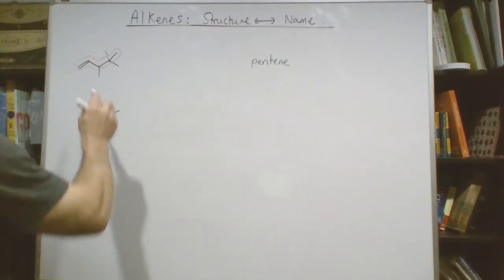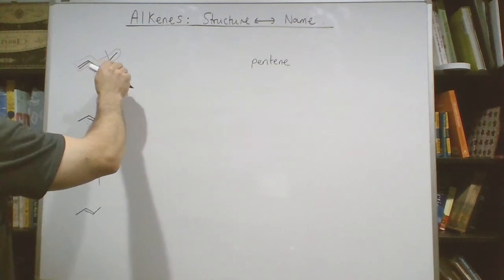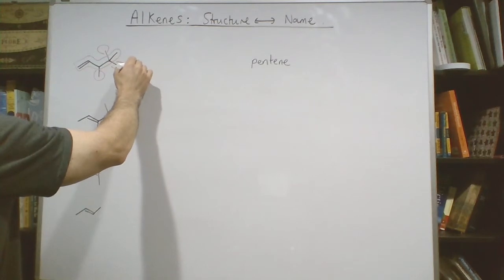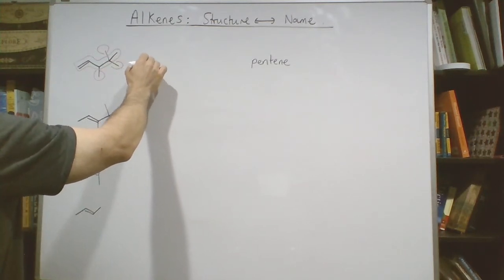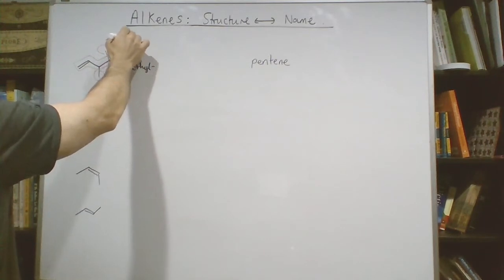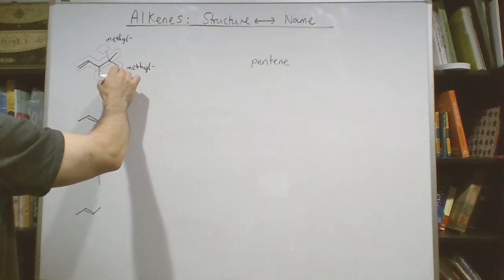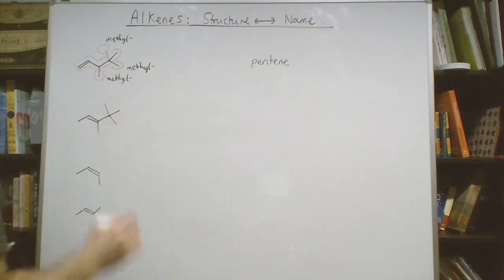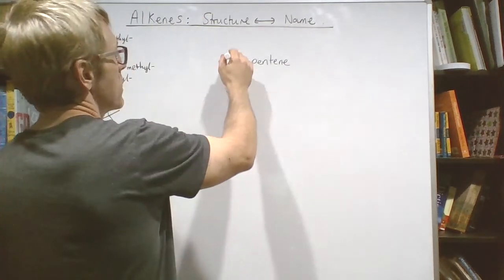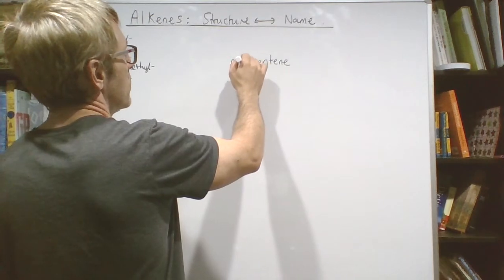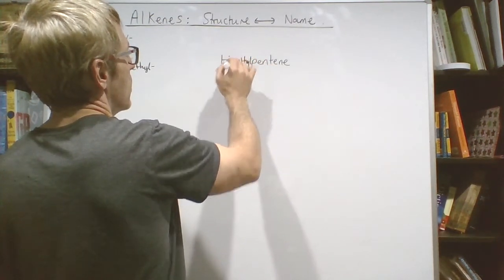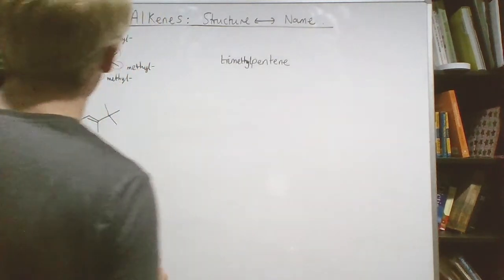And then I've got buds. Bud, bud, bud. This is a methyl bud, because there's 1 carbon in it. Methyl, methyl. So I've got 3 methyl buds. So trimethyl. All one word, trimethylpentene.